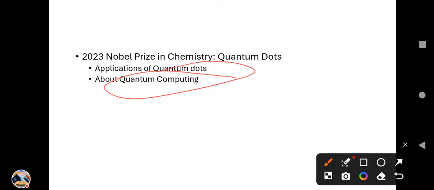A quantum computer allows multiple calculations to be performed simultaneously, making quantum computing exponentially faster than traditional computing for certain types of problems. So you should remember this. Two concepts are used in quantum computing: entanglement and superposition.